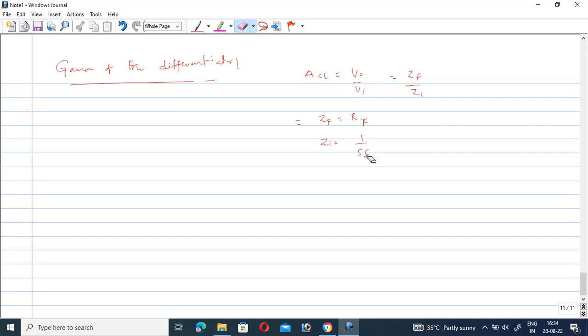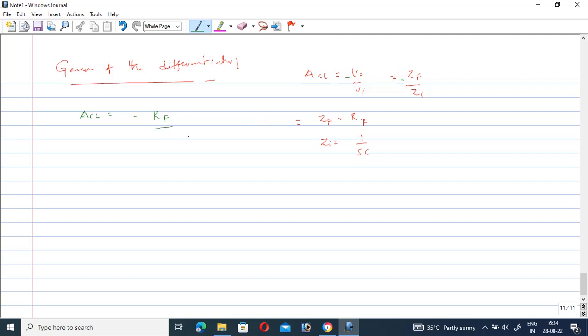So ACL is equal to minus Rf by 1 by SC. The negative sign is there because it is an inverting terminal.